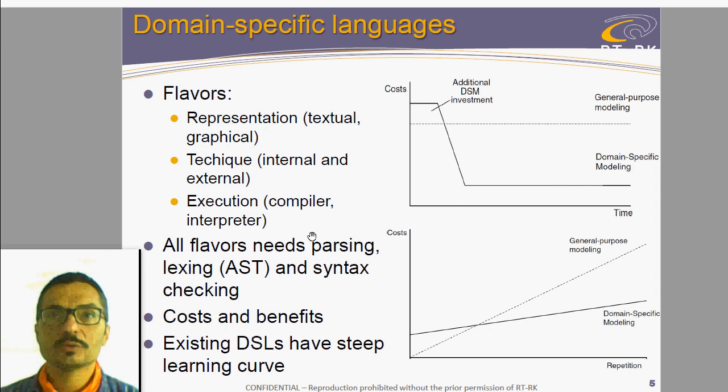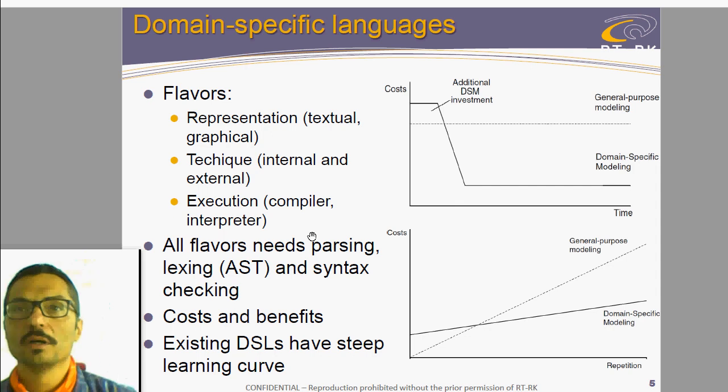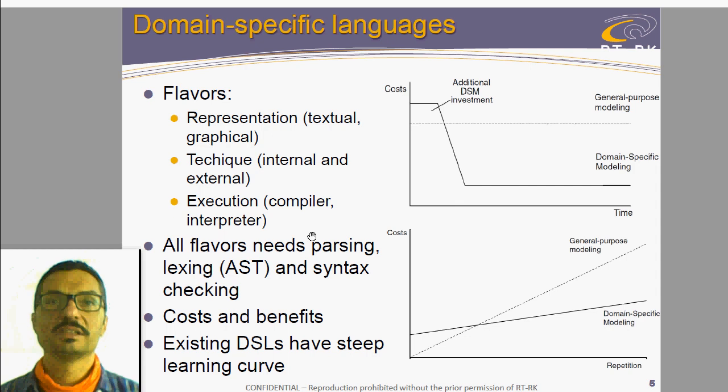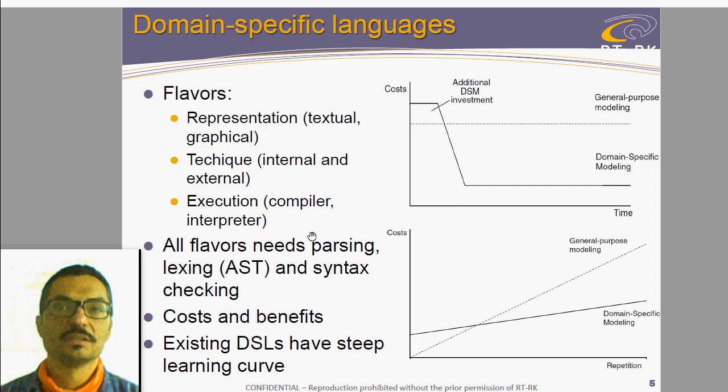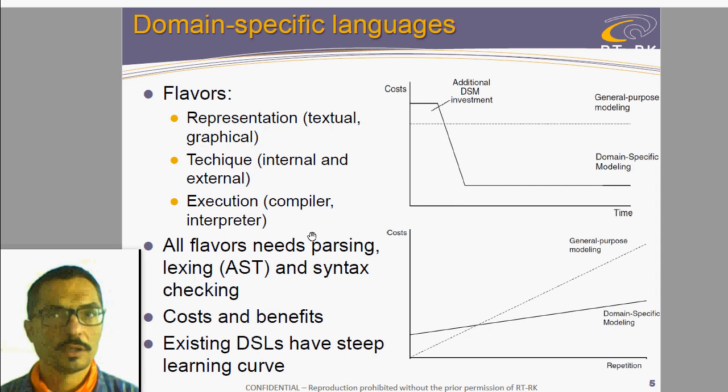The same goes when we are repeating the usage of the domain-specific language. The research shows that after three different applications generated out of the domain-specific language, it pays for itself, or at least it gets lower costs than by using the general-purpose language.